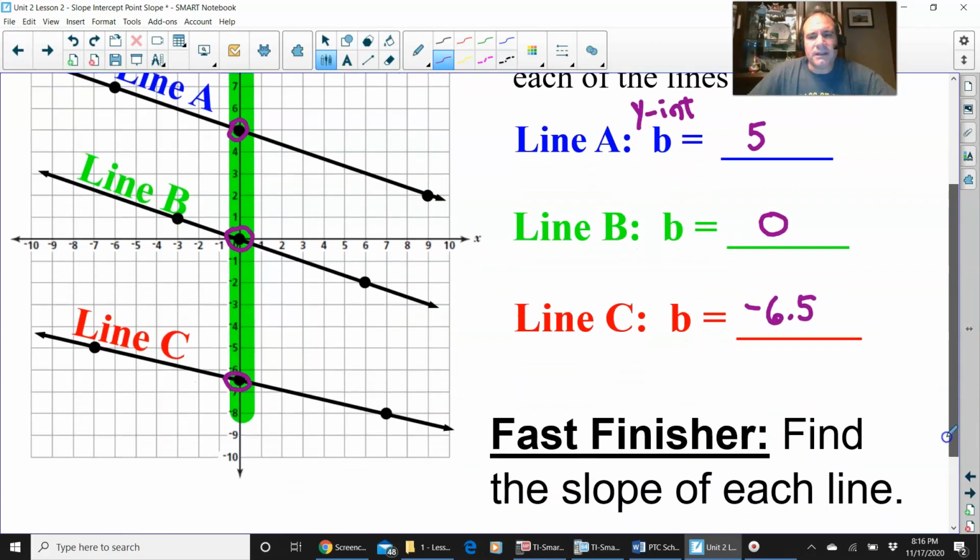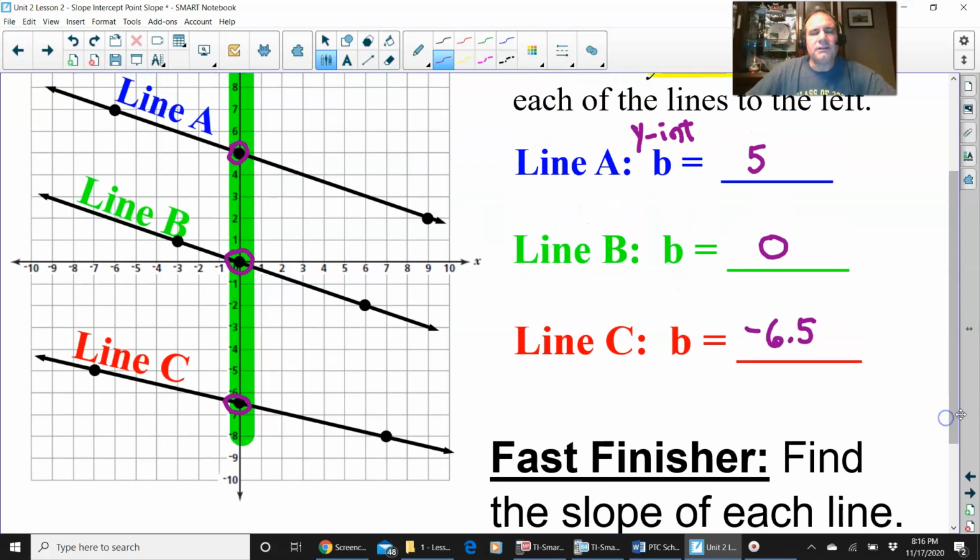Let's go down, and the fast finisher is to find the slope of each line. Go ahead, find the slope of each line. I'll do A with you. I'm going to pick 2 points. Remember, you have 3 points on all of these lines, so you only need 2 points to find slope, and it's any 2 points. You could pick the points that are furthest apart, or the points that are closest together.